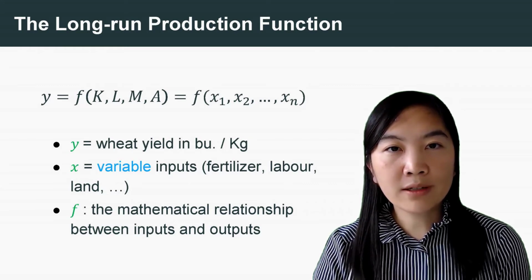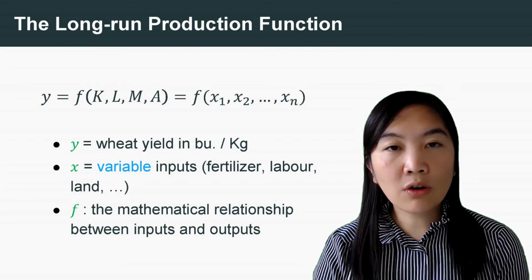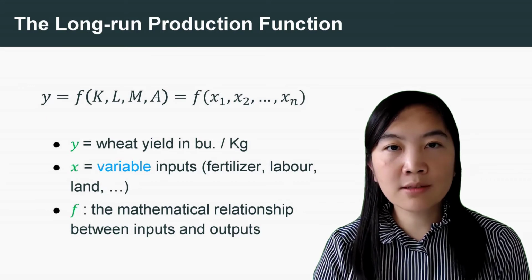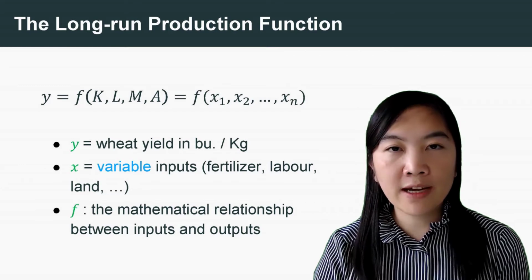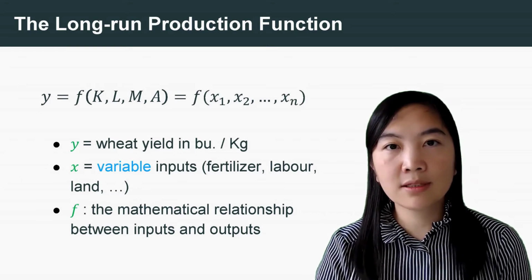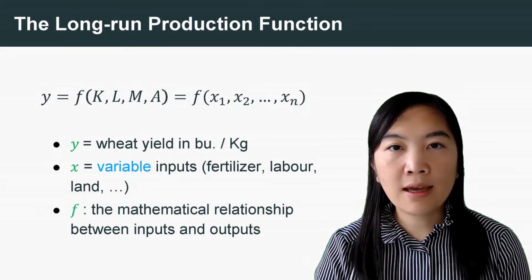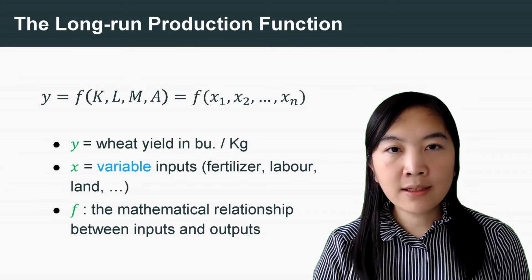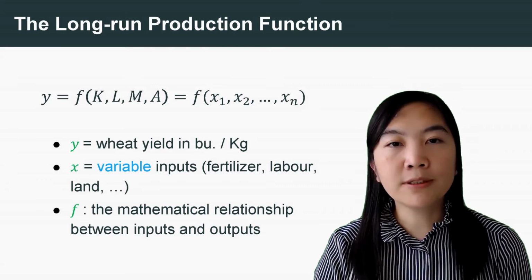So we are using those 4 letters to represent different inputs, or to put it more abstractly, we can just write y as a function of x1, x2, until xn. So in this function, we assume there are n inputs. Again, y here could be yield, or it could be other outputs.